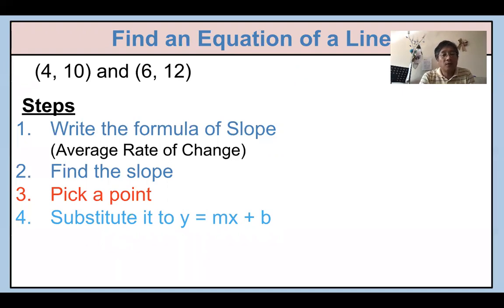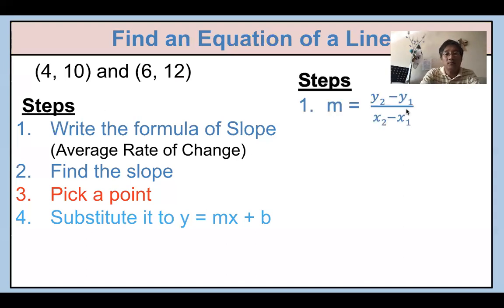So, slope formula. Do you remember the slope formula? It's y2 minus y1 over x2 minus x1. If this is x1, y1, then x2, y2, right? So you use this: 12 minus 10 over, what is x2?